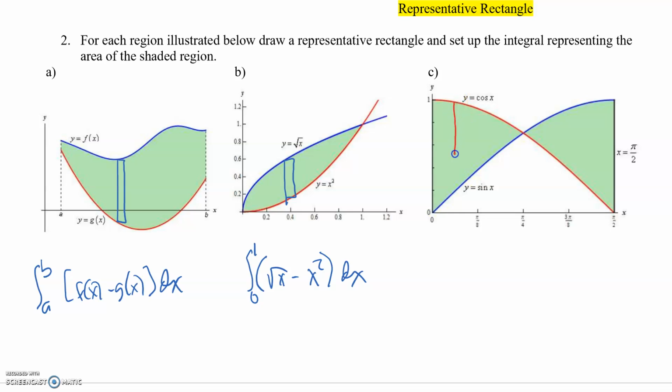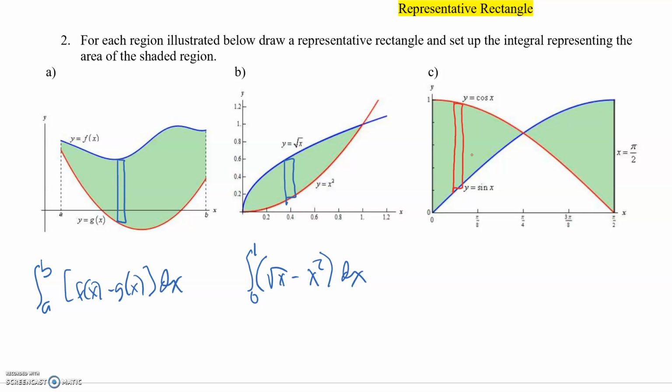Integral of a to b of f(x) minus g(x) for when cosine x is above sine x, and then make it into integral of a comma b and g(x) minus f(x) when it's low. Okay, so you have the right idea, but you would want to change the limits of integration.